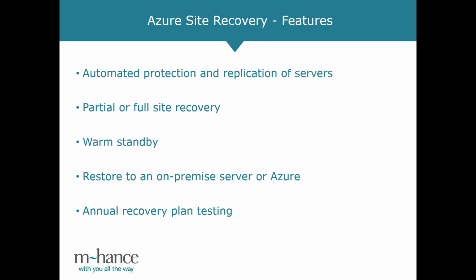But typically the main use would be where somebody's looking to use Azure Site Recovery to replicate and fail over the systems from one site into Azure as opposed to a second site.